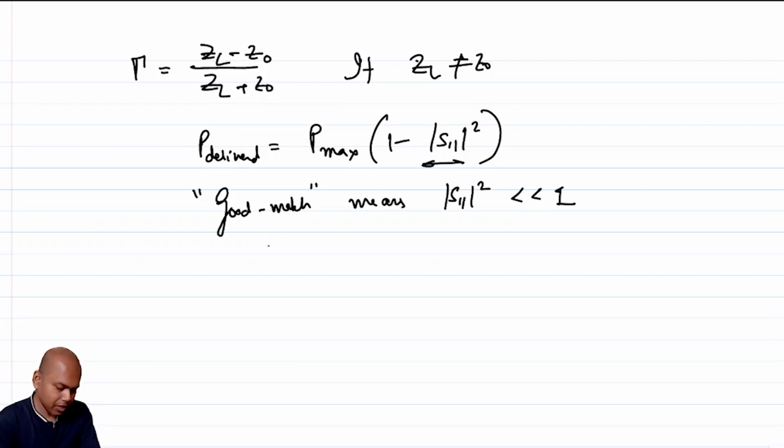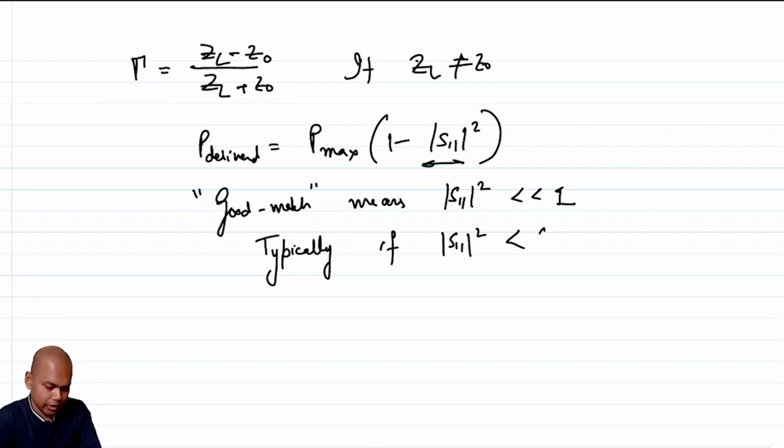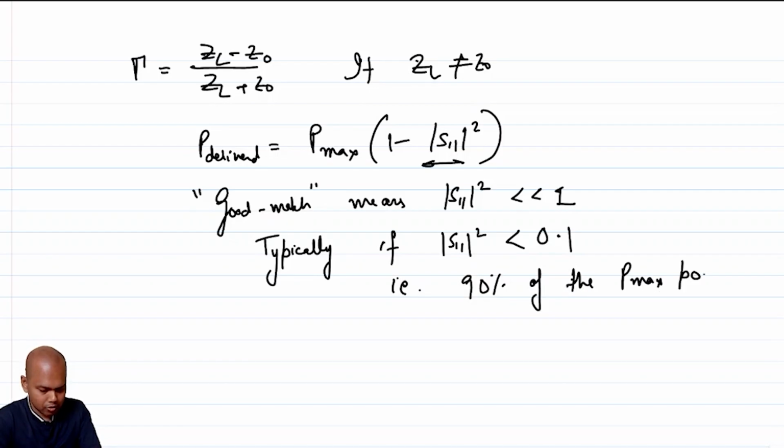So typically if |S11|² is less than 0.1, i.e. 90% of the max power is delivered, it is considered to be a good match, right?